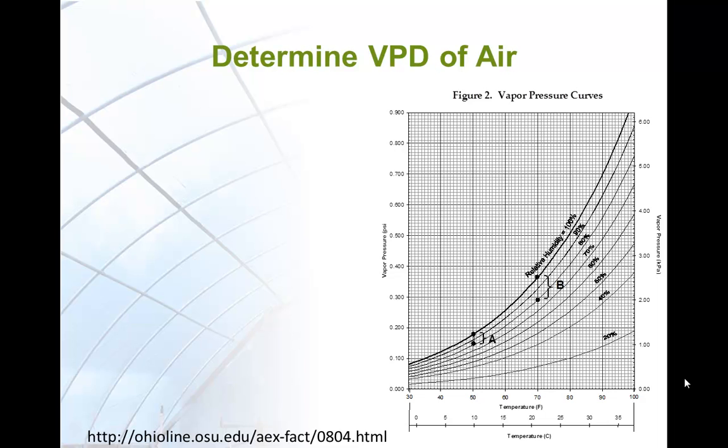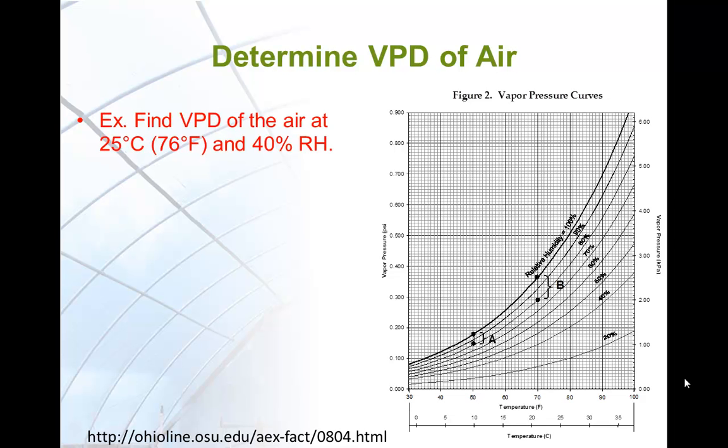This is a quick review of what we have learned about determining VPD from the previous module. Let's look at how we can determine the VPD of the air at 25 degrees C and 40% relative humidity. First, we find the temperature on the x-axis.